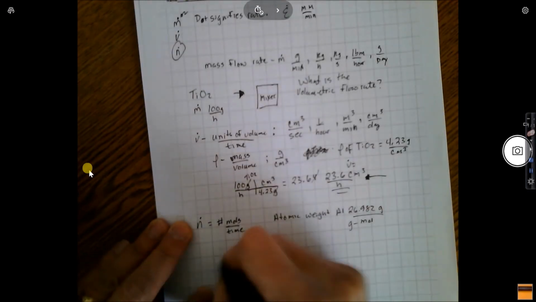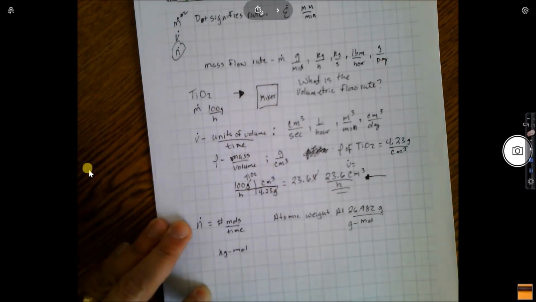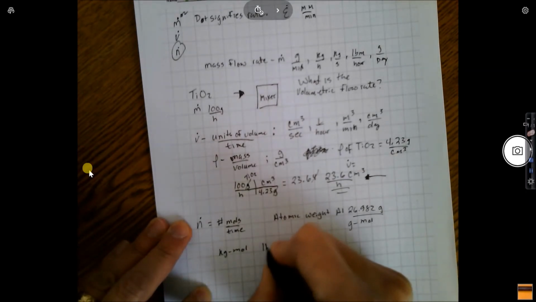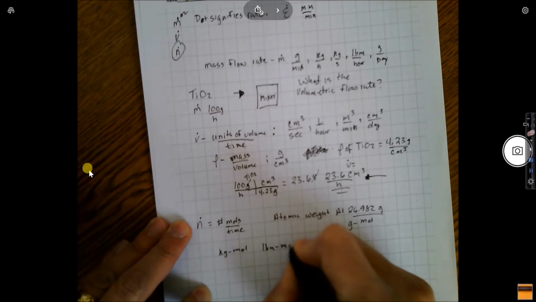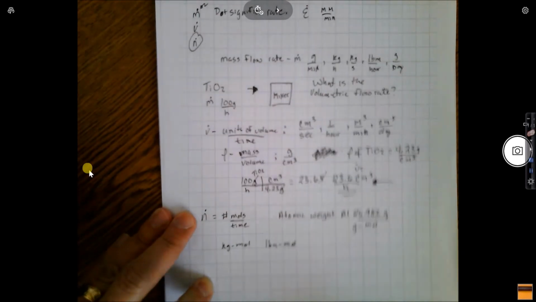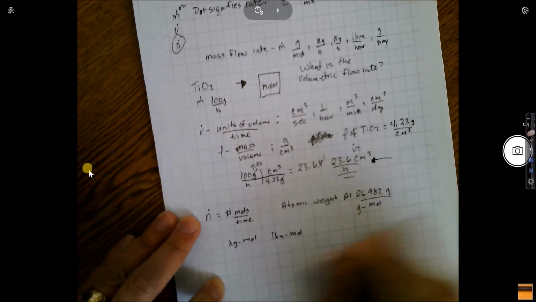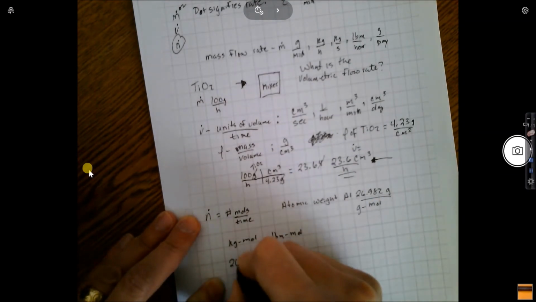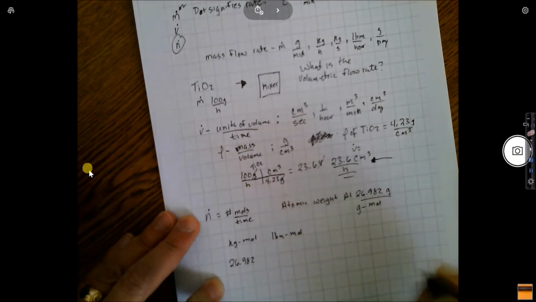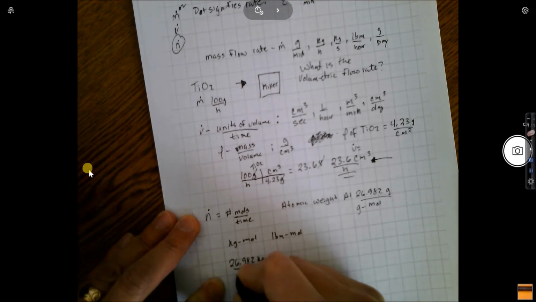In this class, we also deal with kilogram moles, and we also deal with pound mass moles. So we also deal with some imperial units in this class. And so it just so happens that the atomic weight of aluminum is 26.982. There's 26.982 kilograms per kilogram mole.